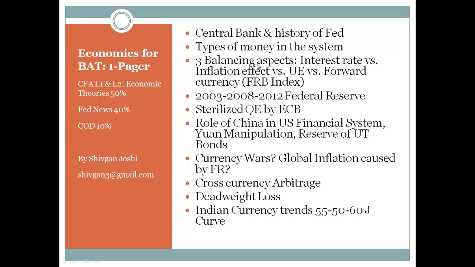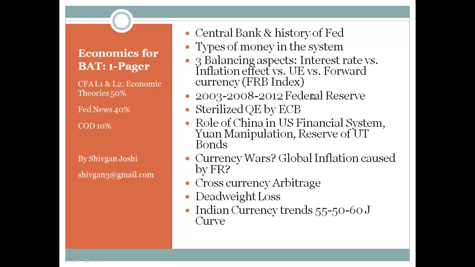There are three aspects that the Fed wants to balance out, because if the Fed goes in either direction to control the unemployment rate, or tries to decrease the interest rate, it may cause inflation. So the Fed wants to balance all these three aspects.